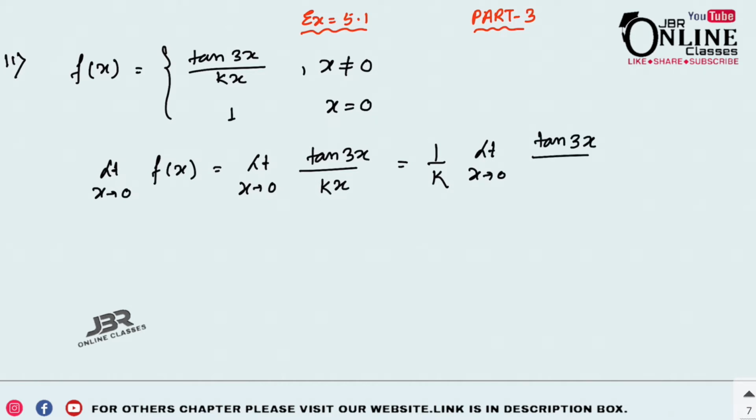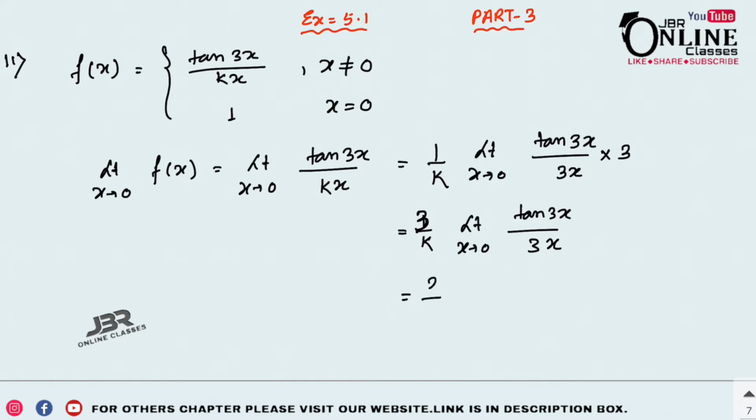Now instead of x, write down here 3x, and to adjust this 3 you can multiply here by 3. So 1 by k limit x tends to 0, this one here tan 3x by 3x, you can write 3 as a constant, so outside. So this one equals 1, because limit x tends to 0, tan theta by theta equals 1.